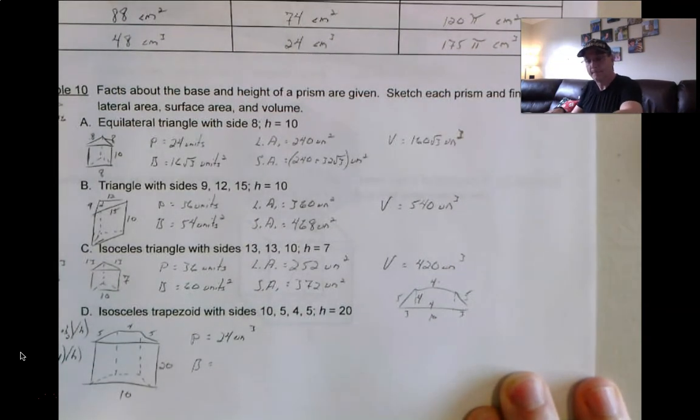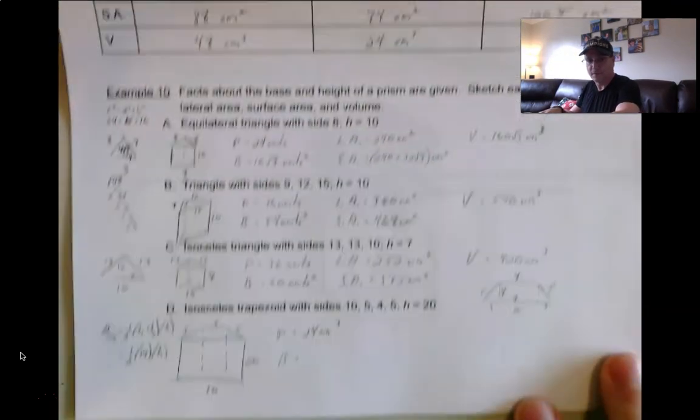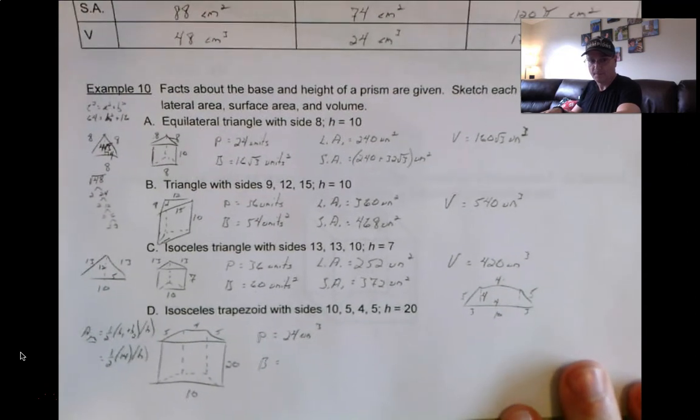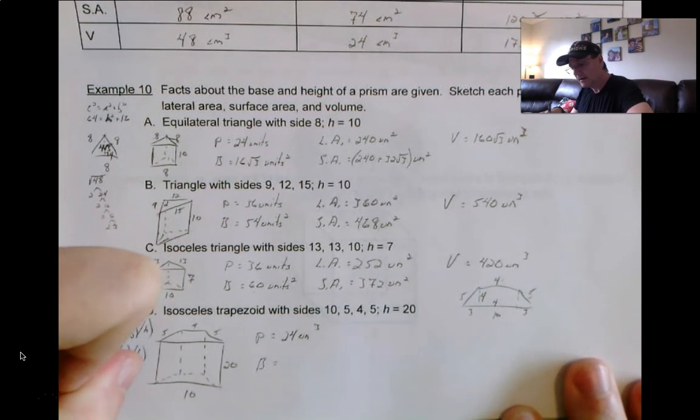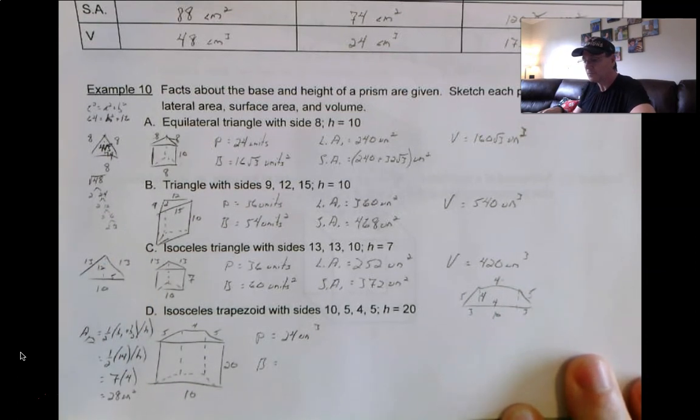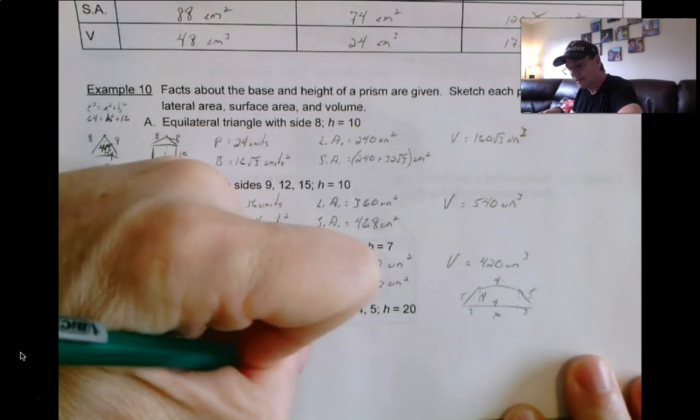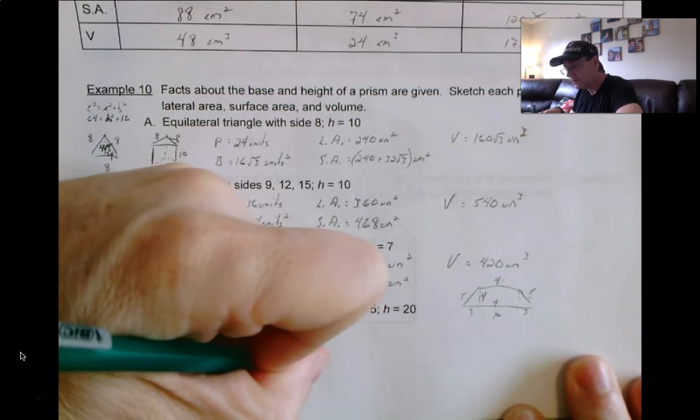The height is 4. 3, 4, 5, triple. So half of 14 is 7. Height is 4. 28 units squared. So the area of the base is 28 units.